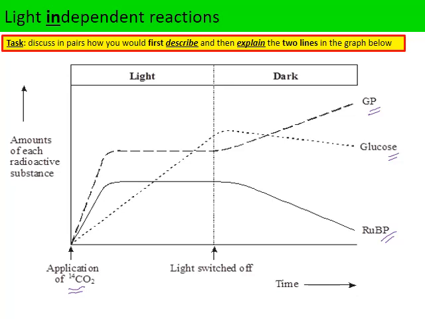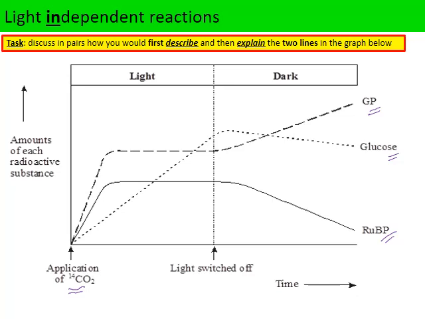Now we know the carbon dioxide is fixed due to the catalytic activity of Rubisco with ribulose bisphosphate in the stroma of the chloroplast. So any radioactive carbon will ultimately be incorporated not only into glucose, because that's made from triose phosphate, but also back into ribulose bisphosphate, because some of the triose phosphate made from CO2 fixation is then used to regenerate the ribulose bisphosphate.